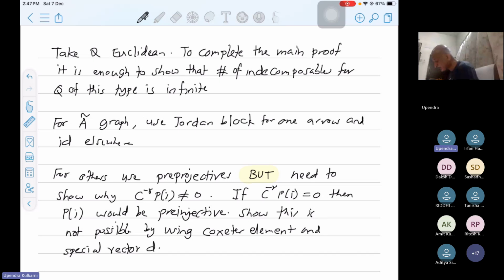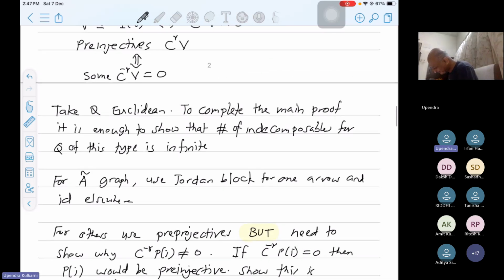So what do I do for type D and E? Here the claim is that I take all the preprojectives. That means I take every vertex, and I take all the negative powers of the Coxeter functor, so C minus applied a certain number of times.